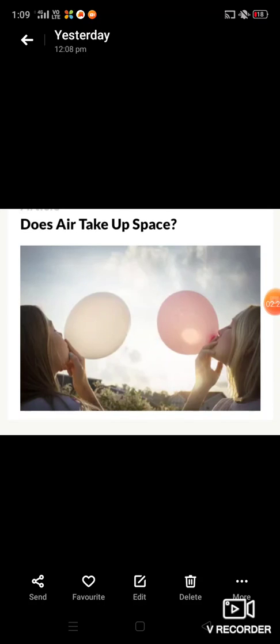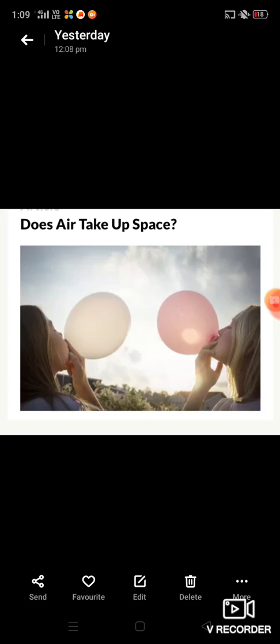All right. Students, now tell me, is air considered as matter? My question is, is air considered as matter? First of all, we will see the two main properties of matter. First one occupying space and second one has mass. So see here, does air take up space? Tell me, does air take up space?